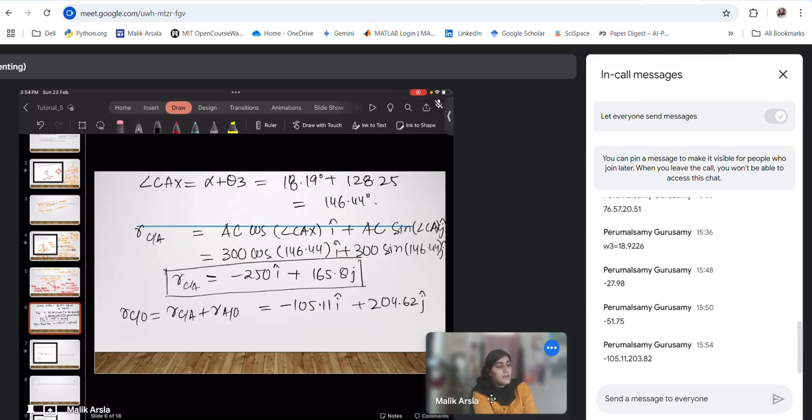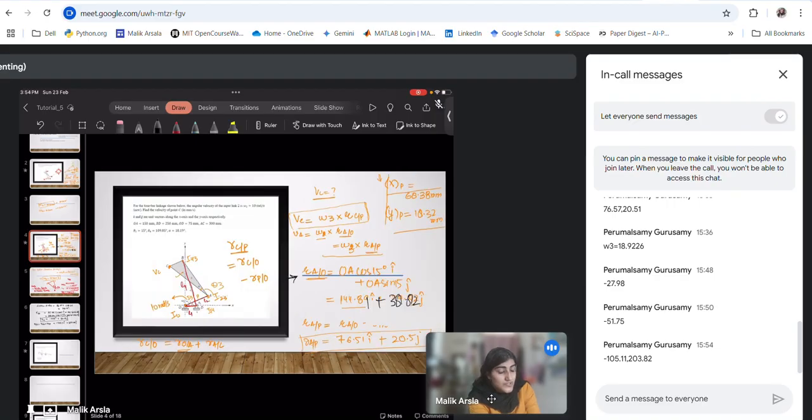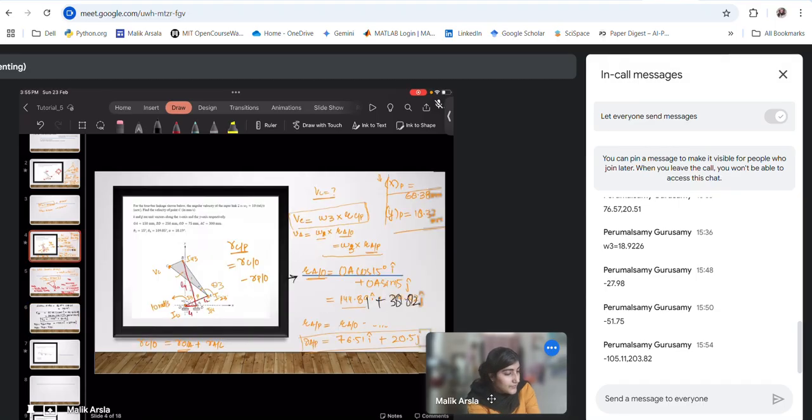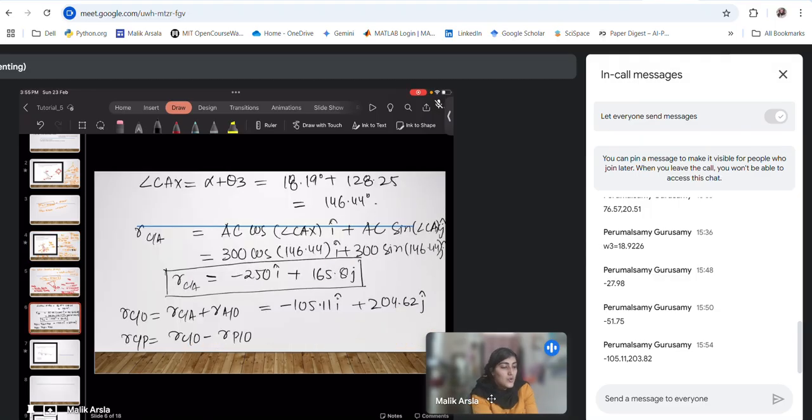So this is also fine. Now you have gotten RCO, right? So RCO you have gotten, you have RPO, so you can find RCP. So RCP will be RCO minus RPO, right? From this relation here. Now calculate this and tell me what RCP is coming out to be.